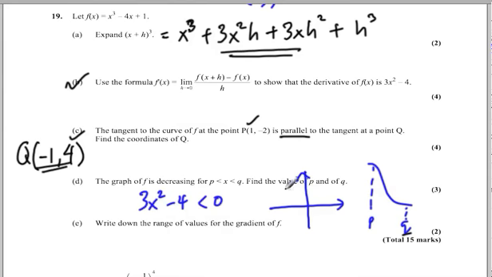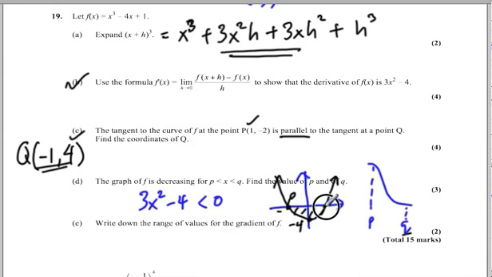This is a derivative function. 3x squared minus 4 has its vertex at negative 4, so it's going to be negative from here to here, because it's underneath the x-axis.